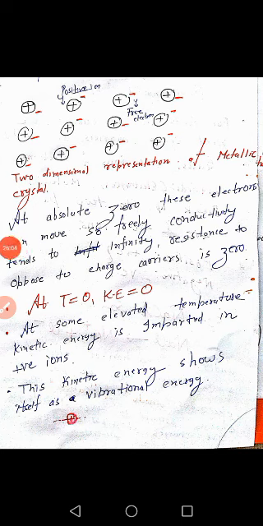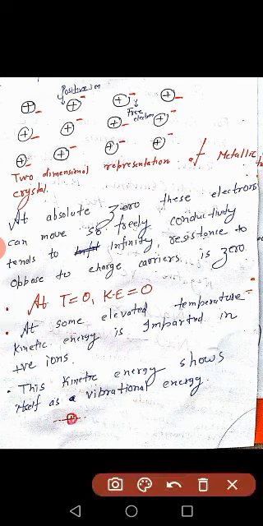Okay, welcome back. At some elevated temperature, kinetic energy is imparted. So whenever we increase the temperature from T equal to 0 to some elevated temperature, for the ambient temperature, T will be approximately 300 K, Kelvin.